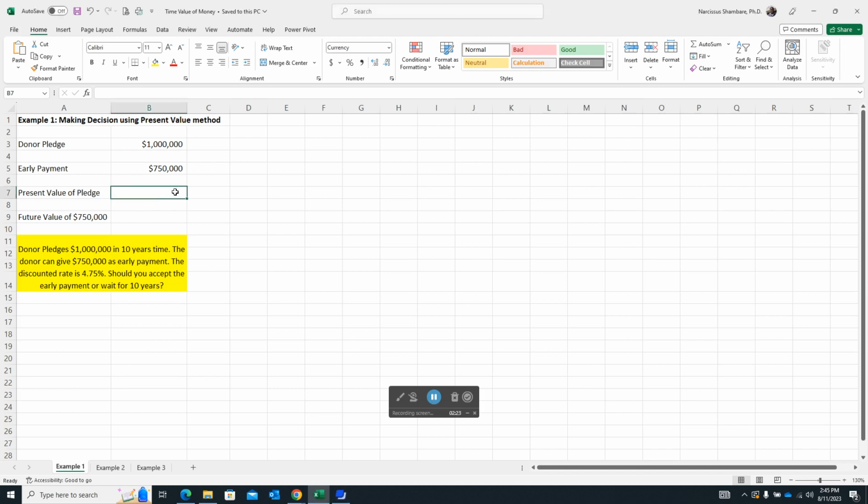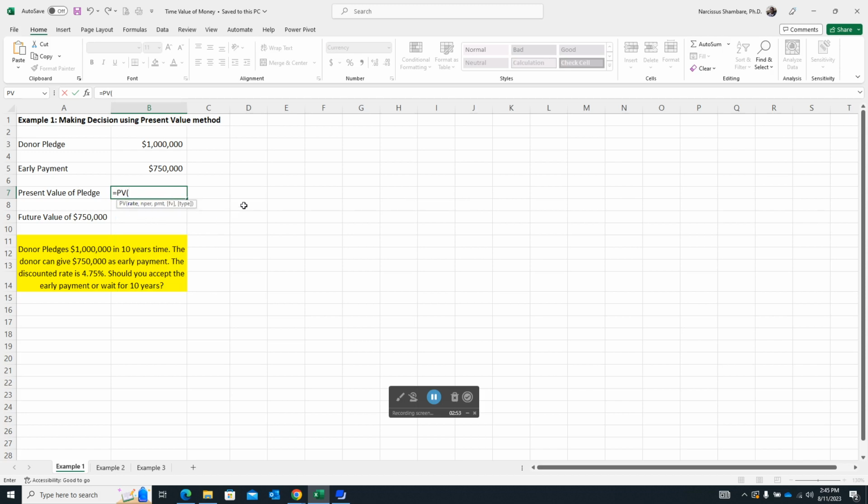So let's go ahead and calculate the present value of $1 million. In 10 years' time, we want to figure out whether the value of $1 million is at least higher than the early payment that we could get. So we enter the equal sign and type in PV, which is present value.